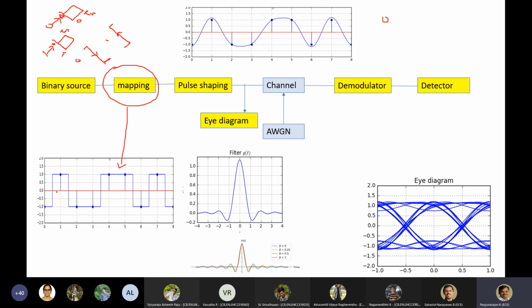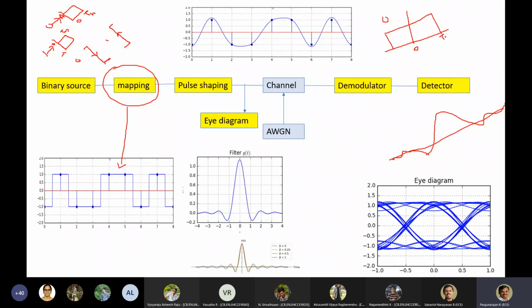Now, we already studied that if you use a rectangular pulse in the time domain and find the corresponding frequency domain, we get a sinc pulse. The sinc pulse looks something like this, and it keeps on moving, because the signal in time is limited to 0 to TB.